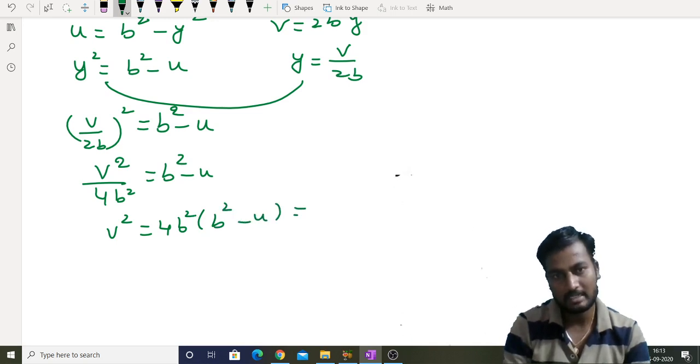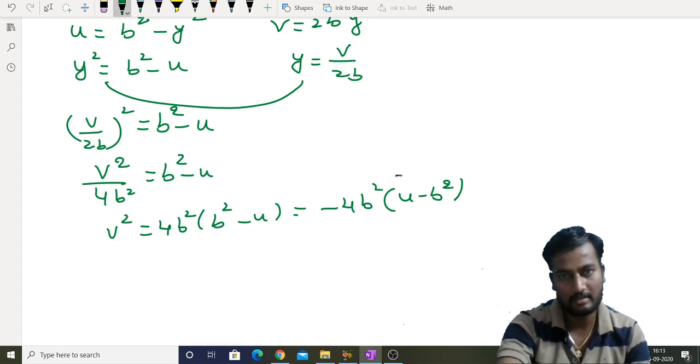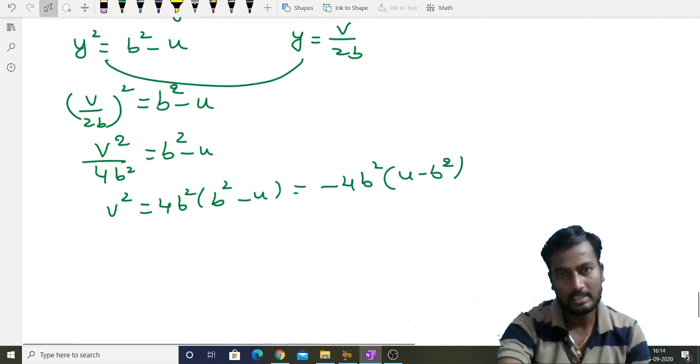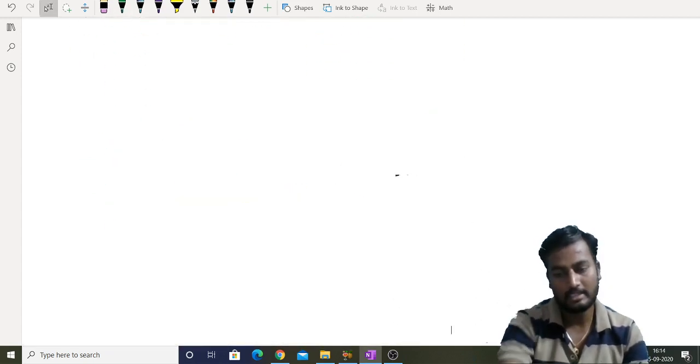Now if we take minus common, v square equals minus 4b square into u minus b square, right? So what is this equation?